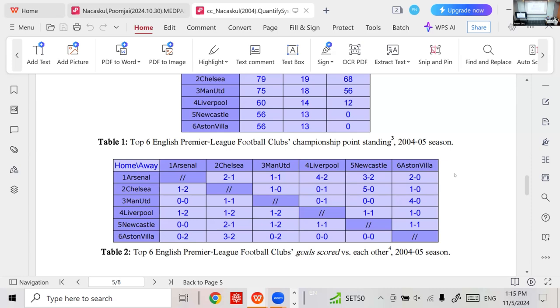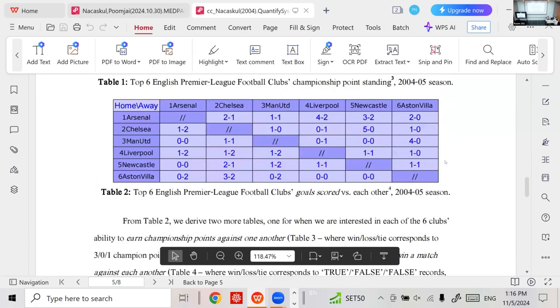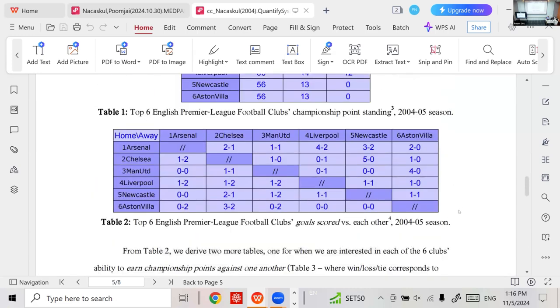For example, how many times has Arsenal beaten Chelsea? Okay, that number is not an Arsenal number. It's a number that indexes Arsenal, comma, Chelsea. How many times has Chelsea beaten Arsenal? It's another number. It is a number that has 2 indices, right? Okay. Well, I'll come back to this. I just want to show you that this idea of banks borrowing from banks, in a way, and the idea of football teams beating one another has that kind of information.